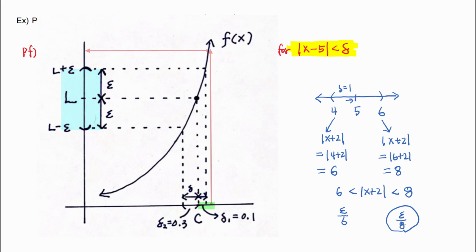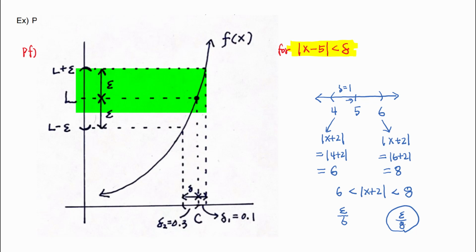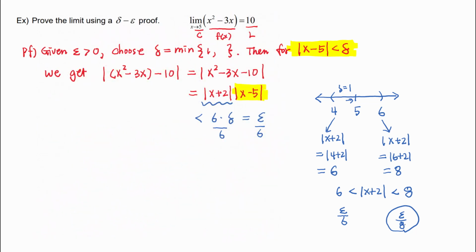You want to always choose the smaller one. Here, you want 0.1, because then every x you choose from c minus 0.1 to c plus 0.1, its f(x) is going to be for sure inside the interval from L minus epsilon to L plus epsilon. Do you see? So if you have a choice, we always want to choose a smaller delta.